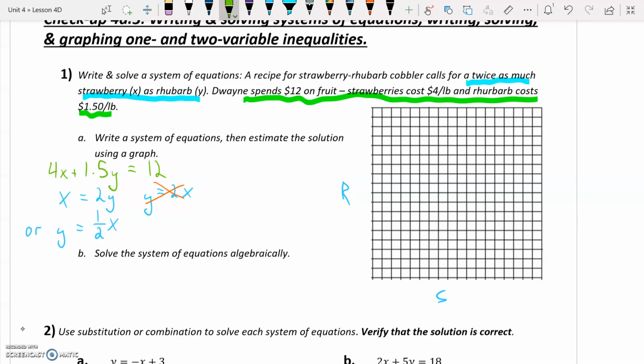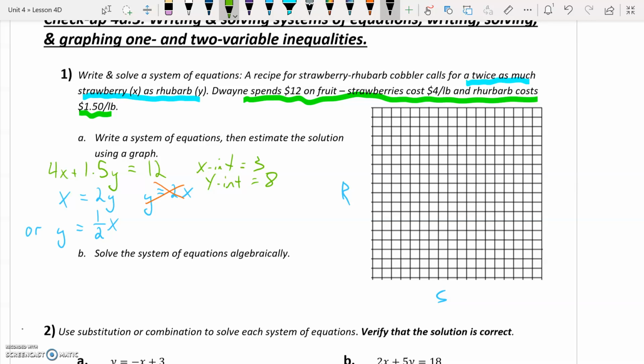The top equation, so the intercepts for this one: the x-intercept, when y is 0, x would be 3. And the y-intercept for that one, when x is 0, y would be 8. So that gives us our 2 intercepts.